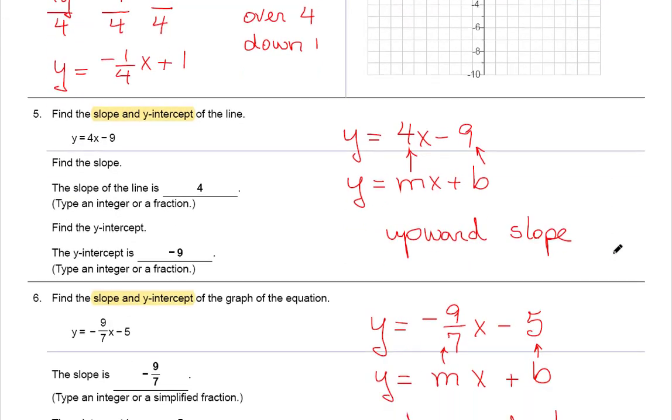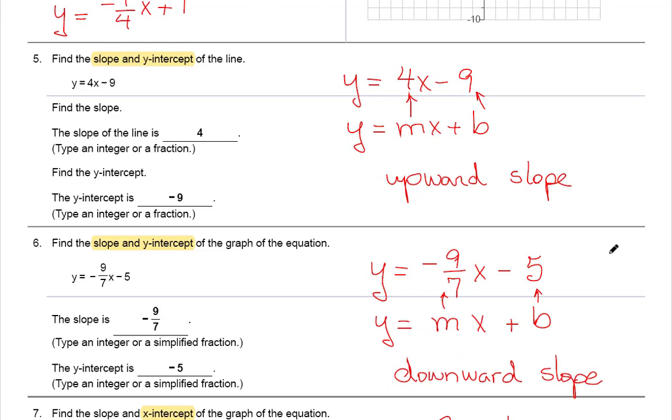In question 5, they say find the slope and the y-intercept. Well, the good news is it's already in a perfect format to do that. So I just match things up. M is 4. M is a positive number, so my line would be going up.